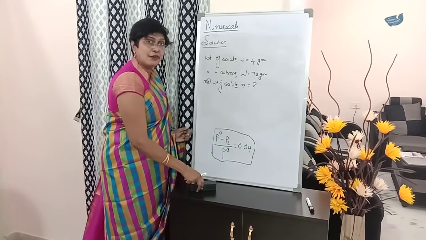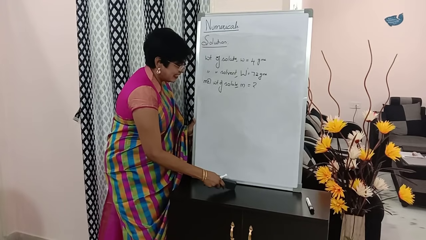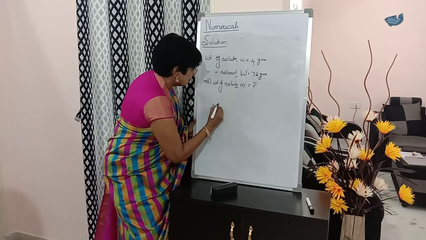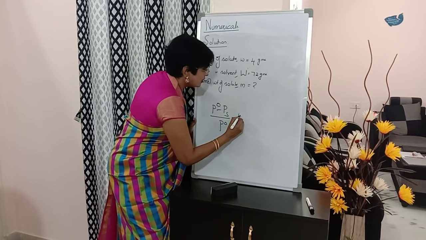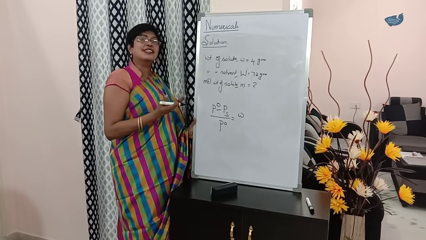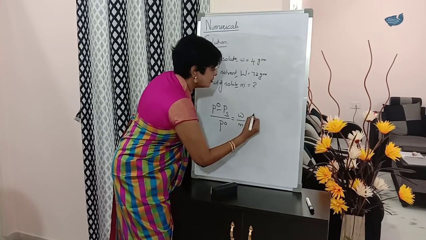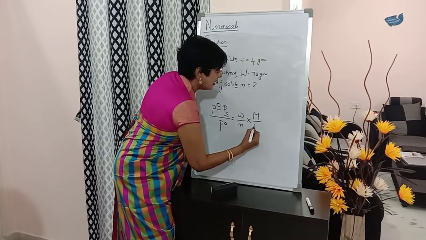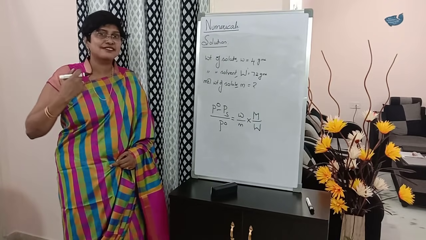So, do you remember that formula? I am writing here: (P0 minus Ps) by P0 is equal to, just turn a few pages back, you will find this formula: small w by small m into capital M by capital W. Have you found this formula, students?